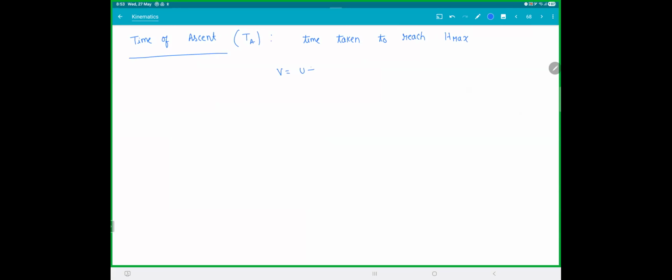We are using the formula v is equal to u plus at. Highest point velocity is 0. This is u minus g, and this is time of ascent. We get time of ascent is equal to u by g. Again, a better formula would be uy by ay. Because tomorrow they will say the particle is thrown on Jupiter, so then it will not be g, right? It will be something else. So then you put ay there.